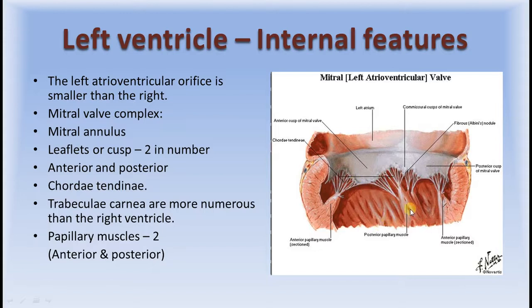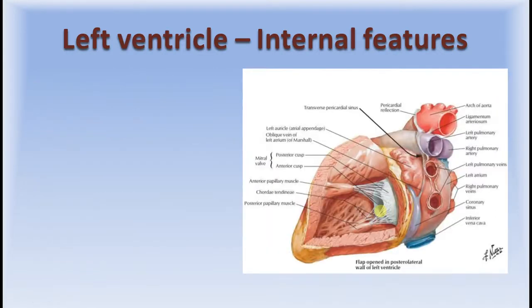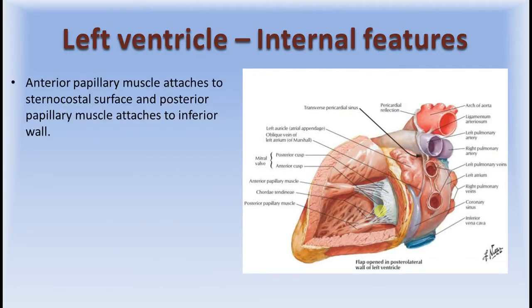The trabeculae carneae, the ridges and bridges, are more numerous. The ridges and bridges are actually more numerous in the left ventricle as compared to the right ventricle. Okay.